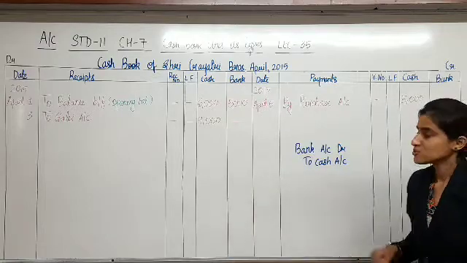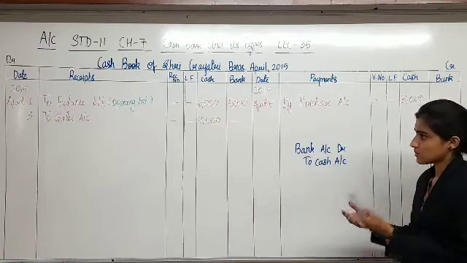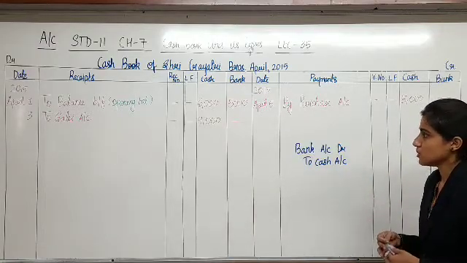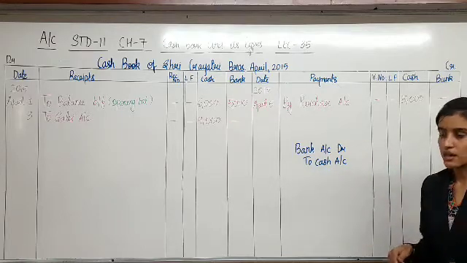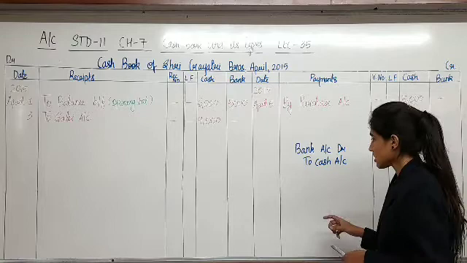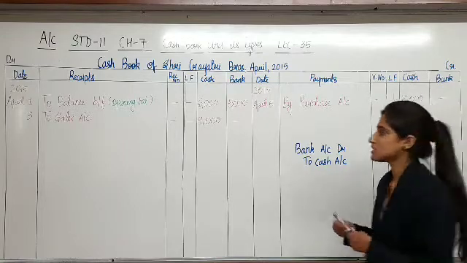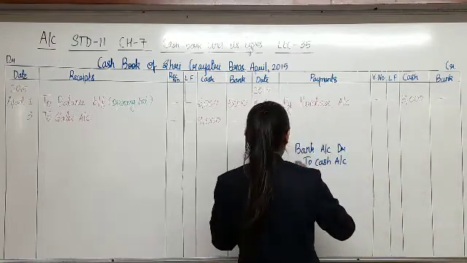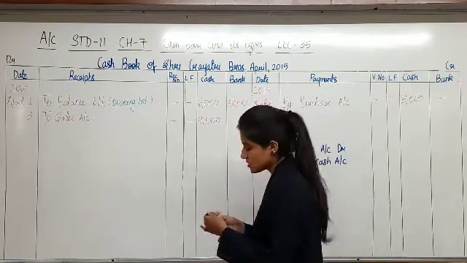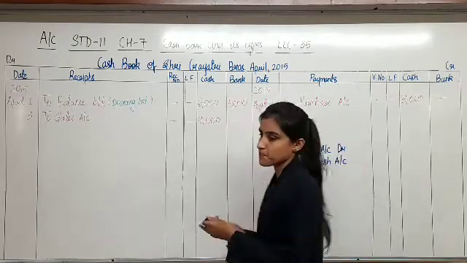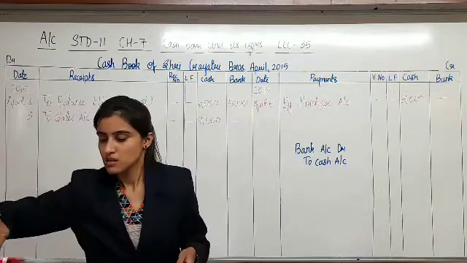So wherever in whichever transaction the bank and cash both are affected, those types of transactions are known as contra transactions. They are known as contra transactions.